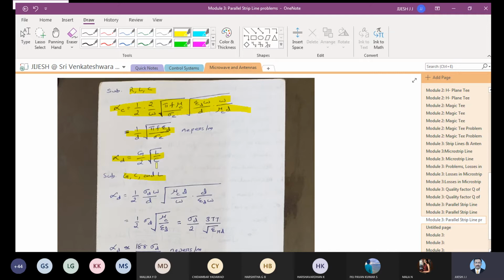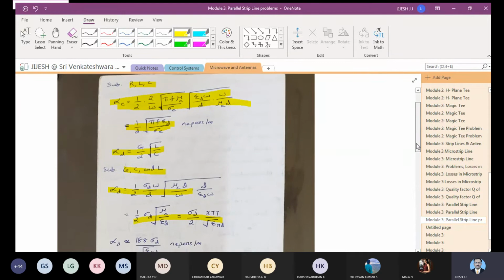So when you substitute G, C and L from the equations, you will get alpha D is equal to 1 by 2 sigma D W by D root of mu C D by W D by epsilon D W. So you'll get finally, when you simplify it, 1 by 2 sigma D root of mu C by epsilon D, or you can also write it as sigma D by 2 into 377 divided by root of epsilon R D. So alpha D can be written as an approximate equation by just simplifying it.